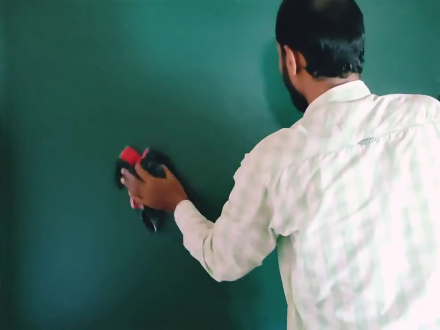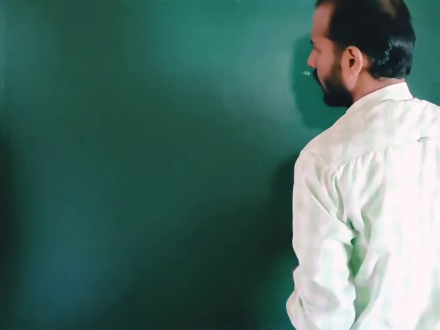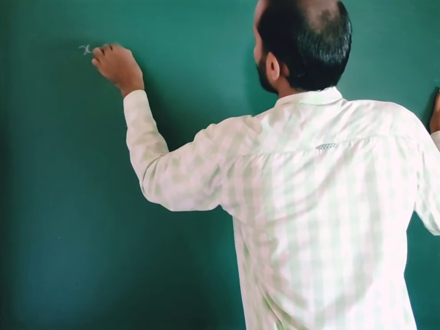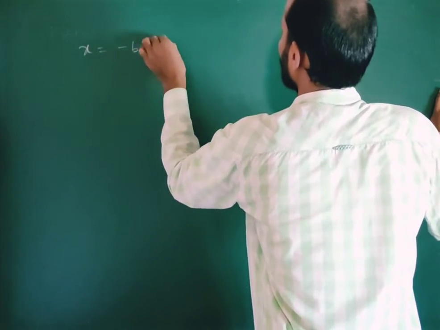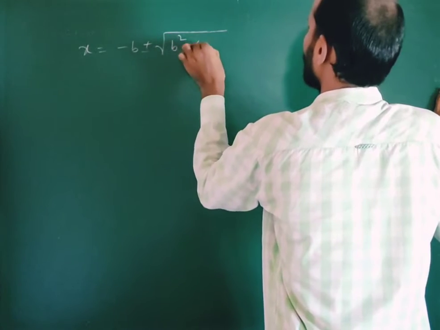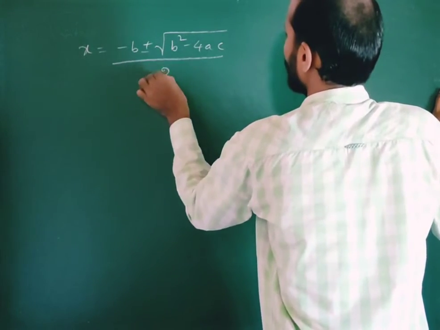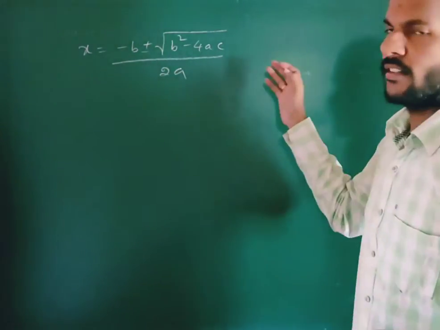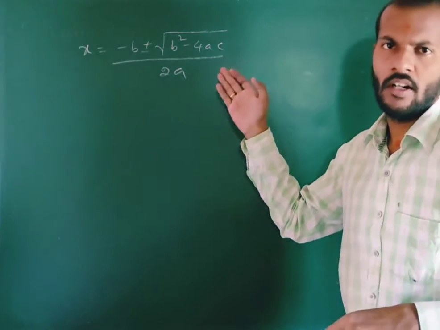Already you got the root formula, that is x equals minus b plus or minus under root of b square minus 4ac upon 2a, right? We have got this root formula from the quadratic equation.